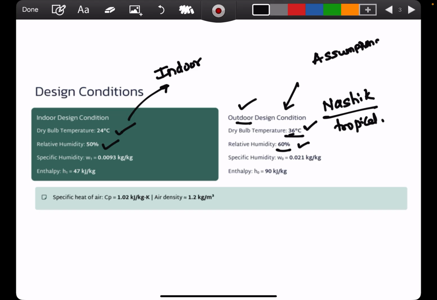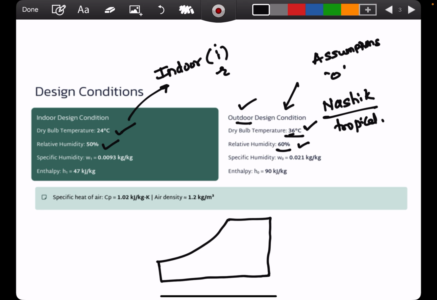So the design starts with defining the indoor conditions. Let us call them R for room conditions, and the outdoor design conditions by the alphabet O. Now you can plot this on the psychrometric chart as the first step of your calculations. On a psychrometric chart, you plot 24 degrees centigrade and 50% RH.